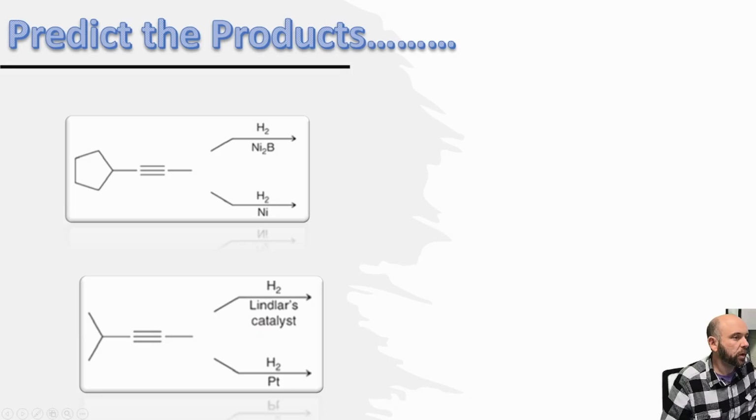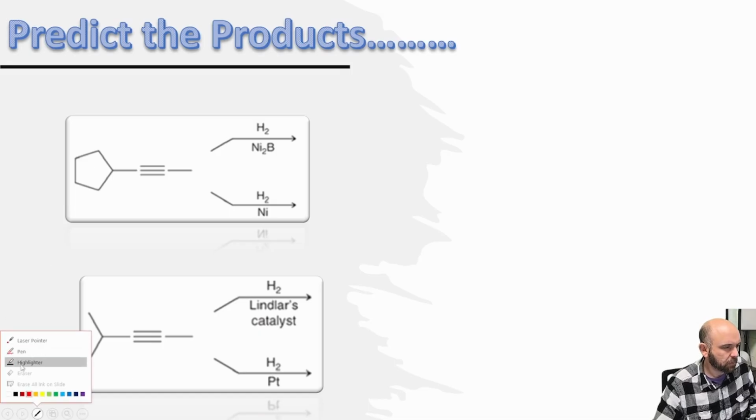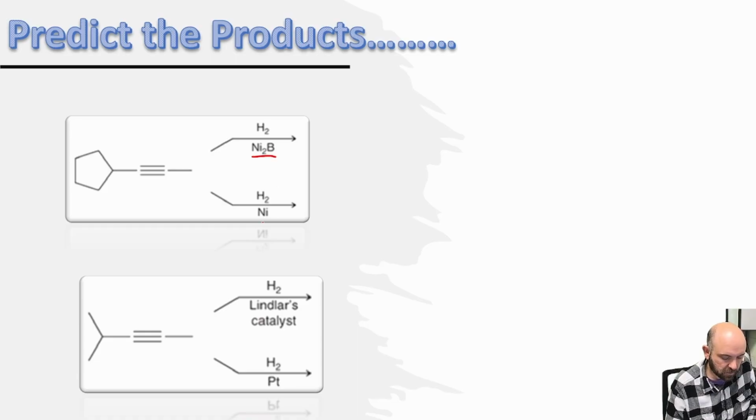So we have some quick predict-the-products examples here on hydrogenations of some example alkynes. In the first box we see two examples, and both of these list nickel in the reactants. We're going to assume that both of those processes are employing a poison catalyst because of that nickel designation, and because of that we're going to expect the alkene product.